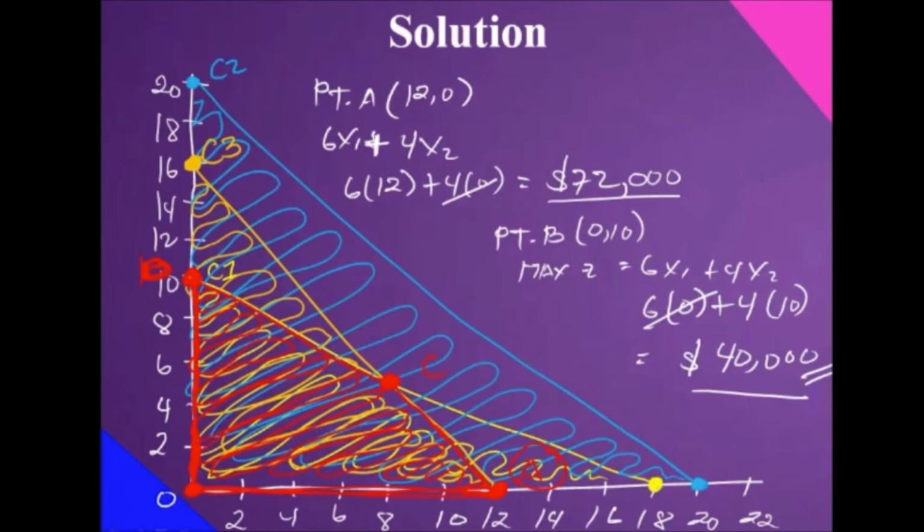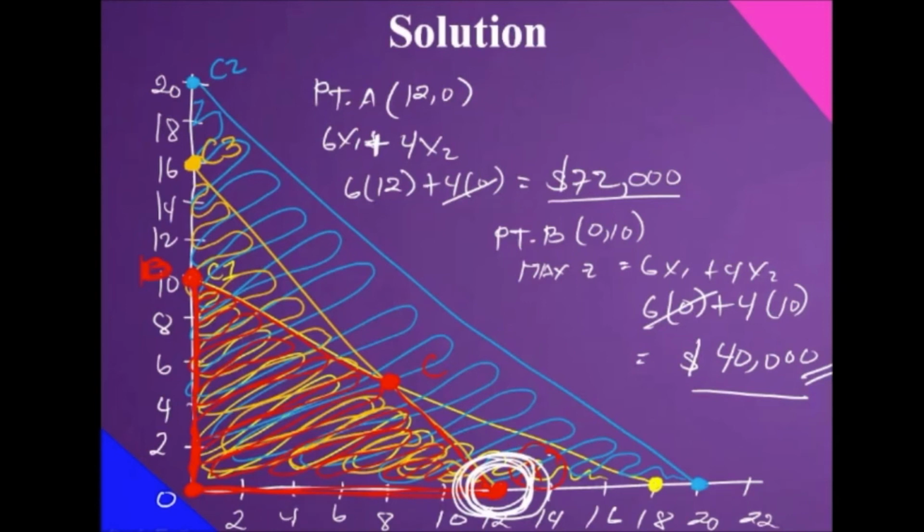Definitely, ang pinakamalaki dyan is point A. We have $72,000. Yun pala yung reason bakit ko siya nabilugan kanina. Ayan, itong point na yan, 12 and 0. Tama ba? Yes, 12 tapos 0 ang Y.